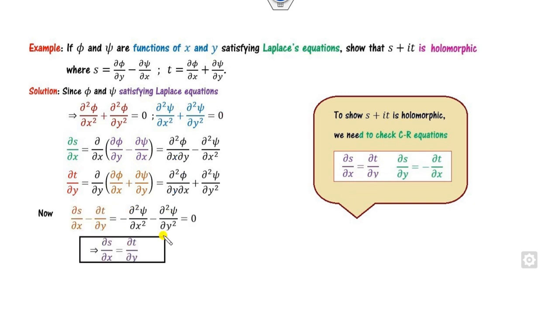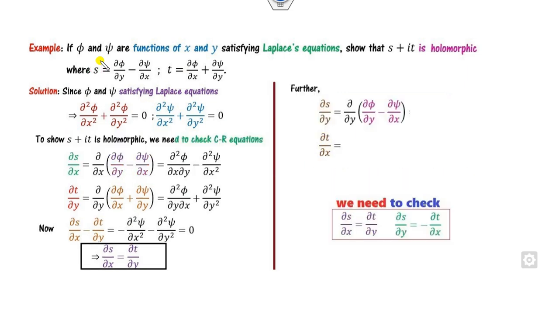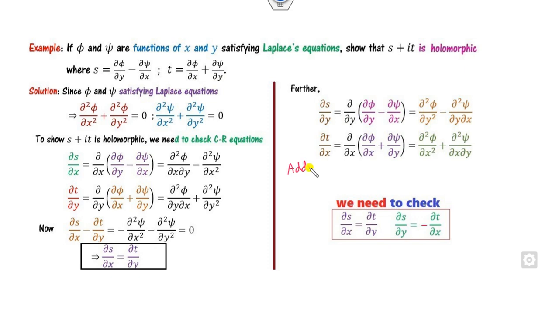Similarly, for the second part, I need to prove the relation for del s by del y. So I can take s with respect to y and t with respect to x. You can open this bracket and you will get this. Similarly, I can substitute this value and you will get this expression. Now since I need a negative sign, I can simply add them.